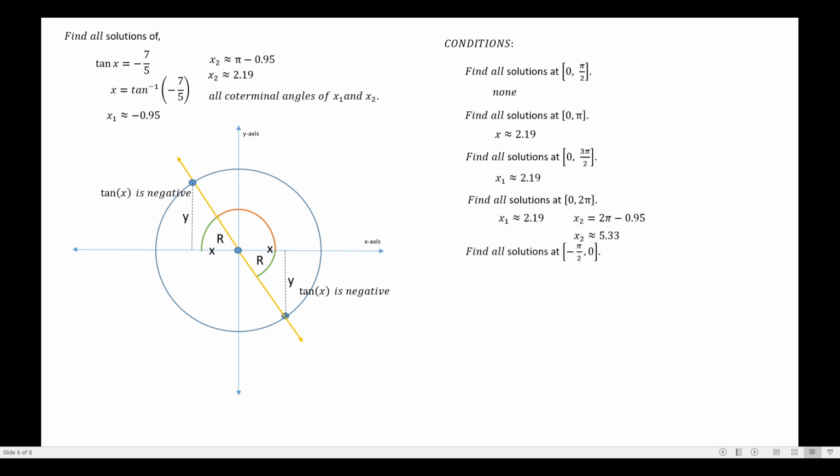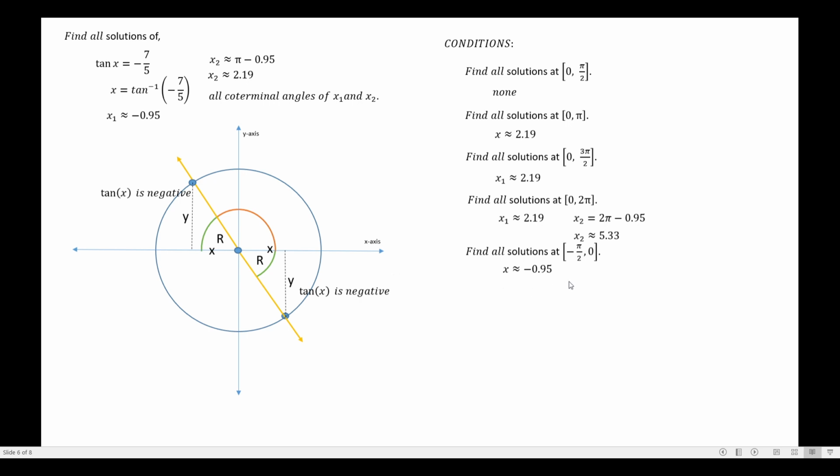Then you have the next interval, negative pi over 2 to 0. So negative pi over 2 here to 0. That should be x approximately negative 0.95 this time, because if you notice, negative 0.95 is already part of the interval.